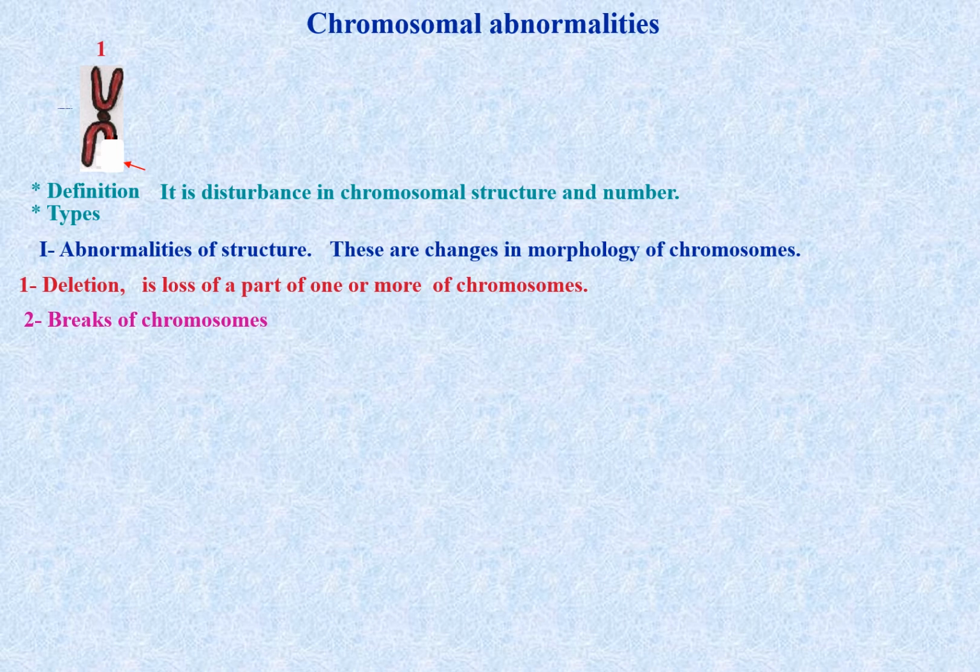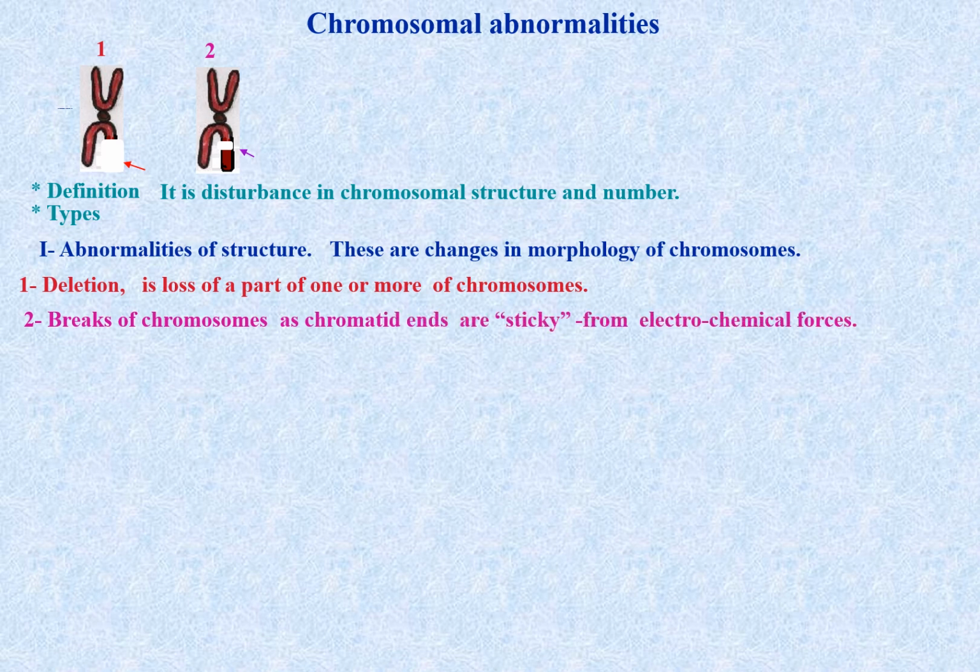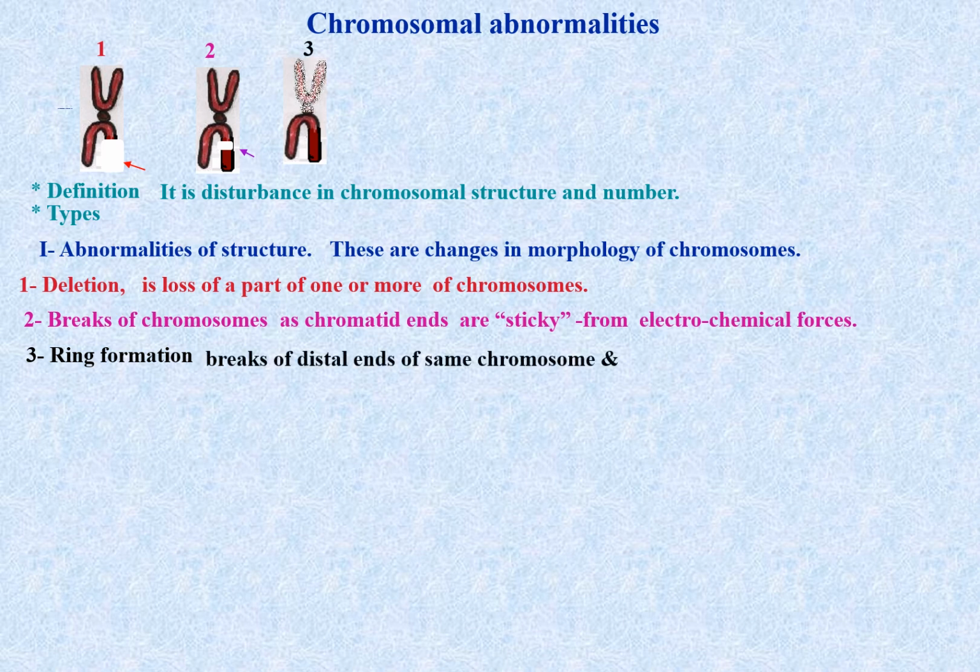Breaks of chromosomes are very common, as chromatid ends are sticky from electrochemical forces. Most of these breaks heal rapidly and correctly. Ring formation results from breaks of the distal ends of the same chromosome and their reunion in a wrong way to form a ring.